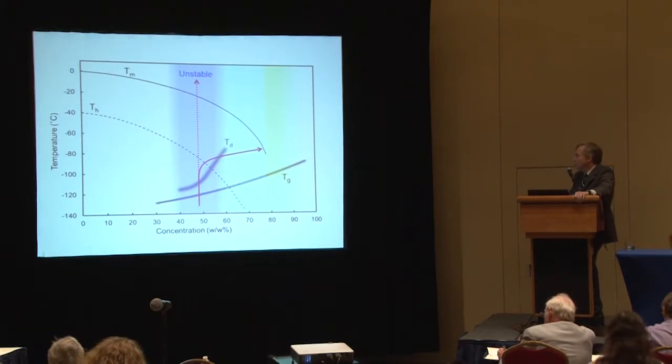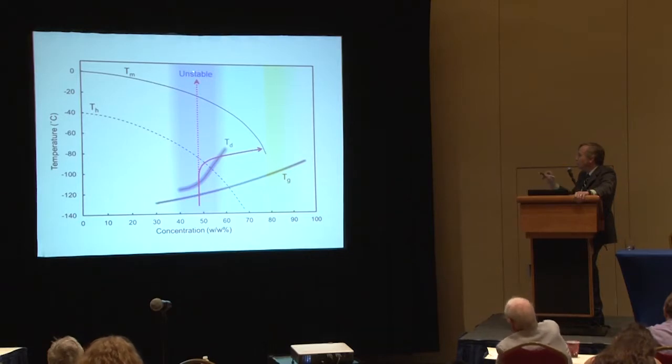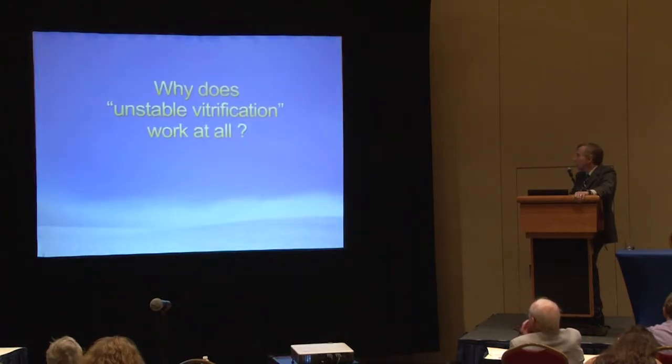So based on the physics of the situation, it appears unavoidable that you're going to devitrify systems that you vitrified in the unstable zone of the phase diagram, that they're just going to get knocked over as you rewarm. So that raises the big question, why does unstable vitrification work at all?